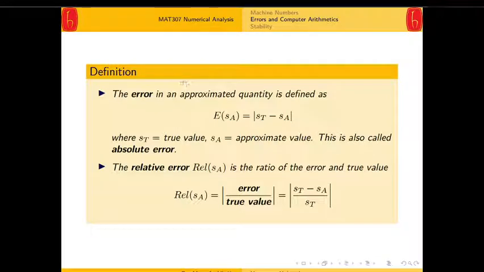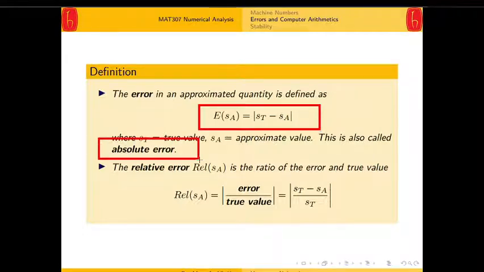Okay, so the error in an approximated quantity is defined as follows. S_A is the approximated quantity. This is the true value S minus S_A, and this is called the absolute error. So the absolute error is given by the absolute value of the difference between the true value and the approximated value.